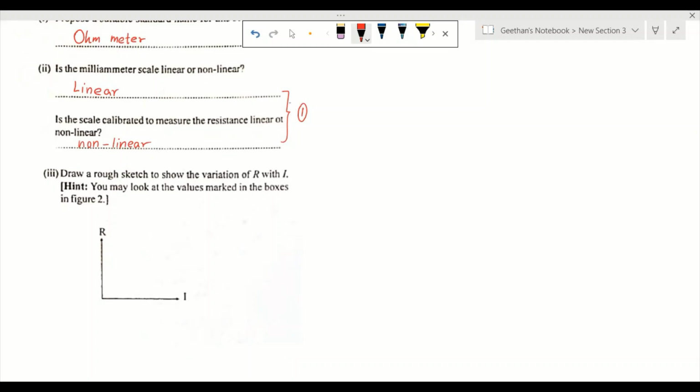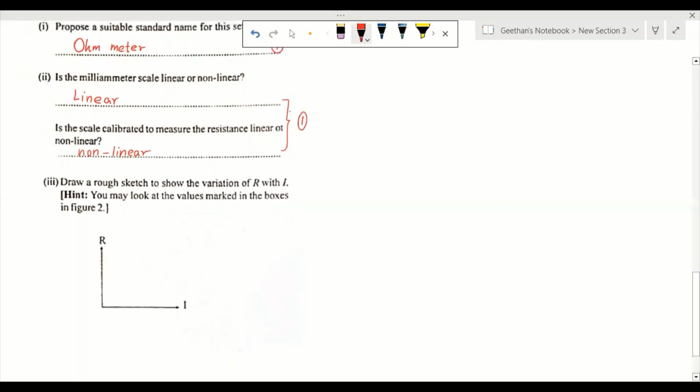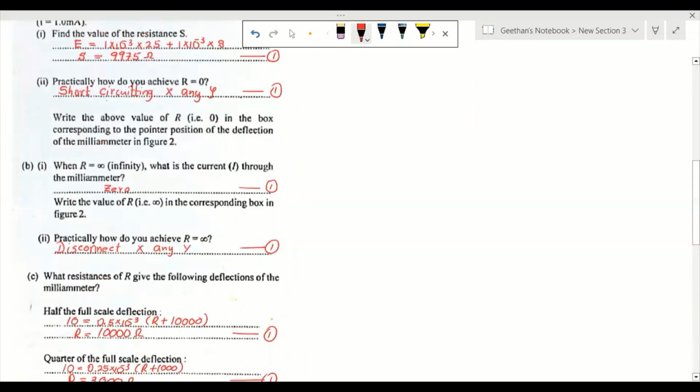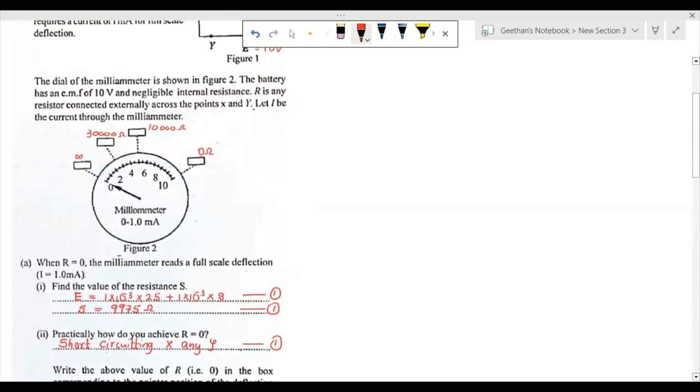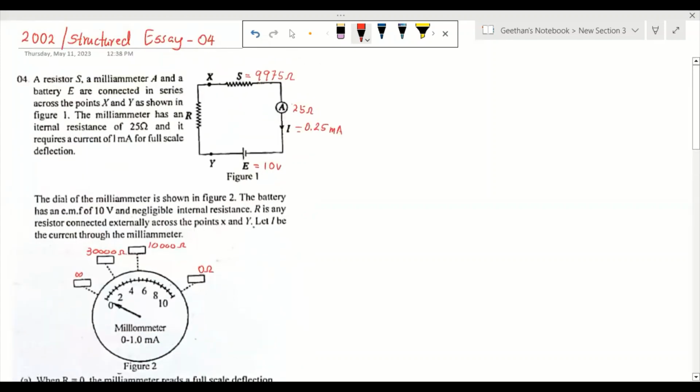So by looking at the values, they want us to draw the graph of I against R. What we can do is look at this, or we can get an equation as well. I prefer to get an equation for this I. Right? So let's see how to get an equation.